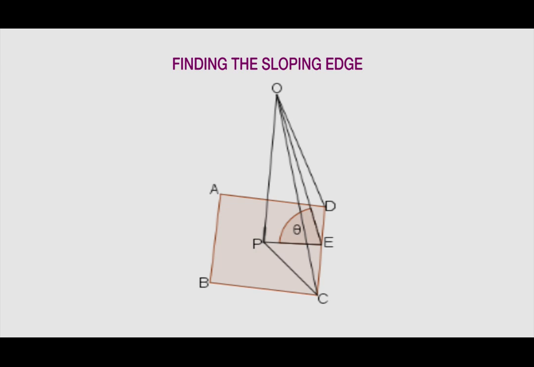Let's continue finding the sloping edge of a pyramid. You can see in your diagram. From the diagram, OC is a sloping edge. So to calculate OC, we are going to consider triangle POC, which is also a right-angled triangle. So again, we apply our Pythagoras theorem to help us find the OC.